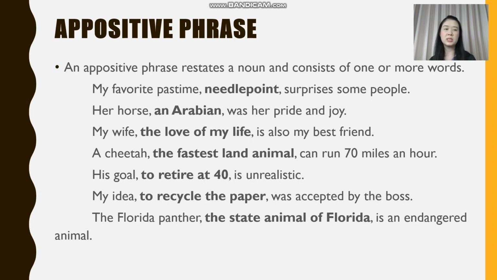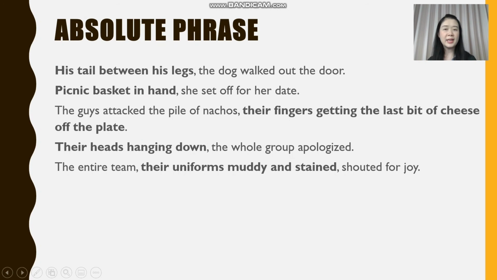Okay? Just to restate the noun. So all in all, I can say that these 10 types of phrases have different functions. So if you have a chance to identify the phrase in a sentence, do not think only about the patterns, okay? But think about the function that is used in that sentence as well.